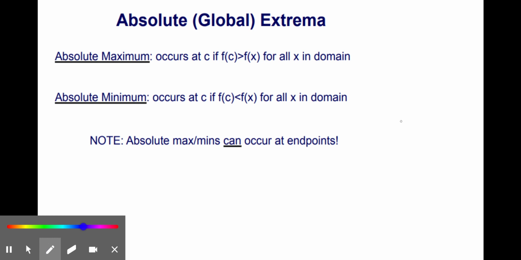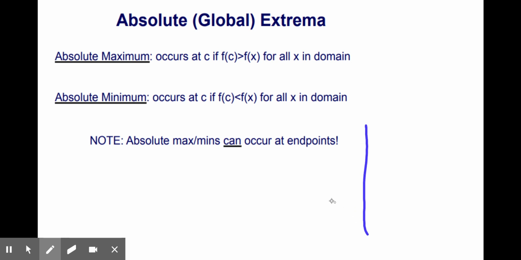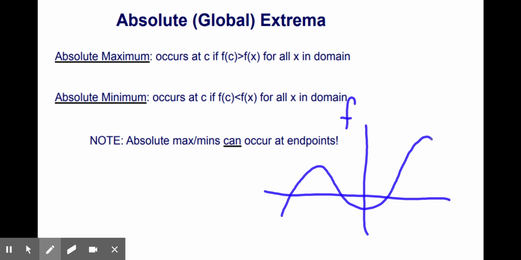Absolute or global extrema. The concept of an absolute maximum or an absolute minimum. If I have a graph and I call it f, and it looks like this, let's say I have at this point a relative max, at this point a relative min, at this point a relative max.